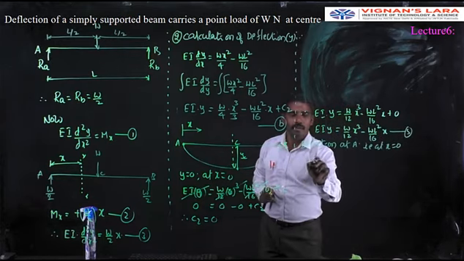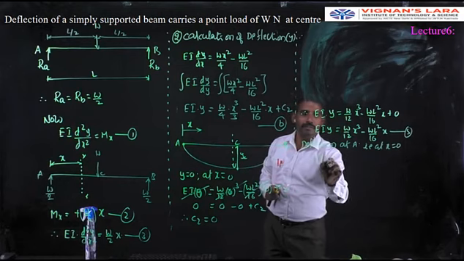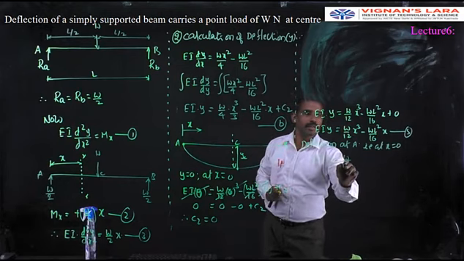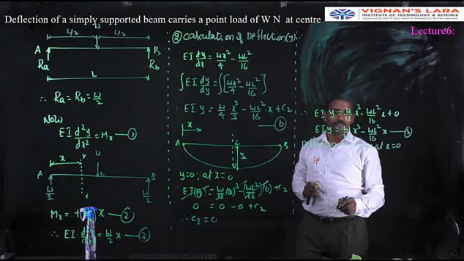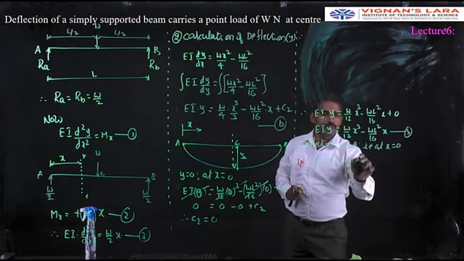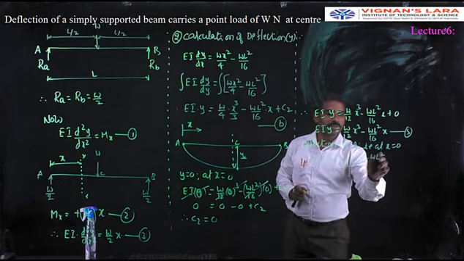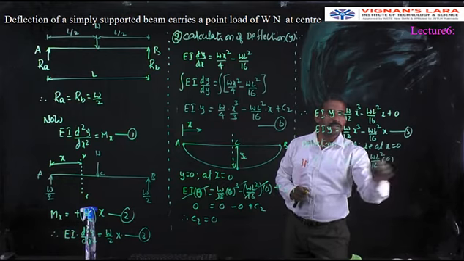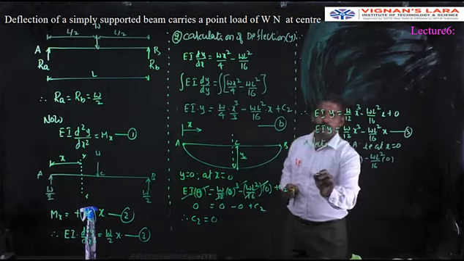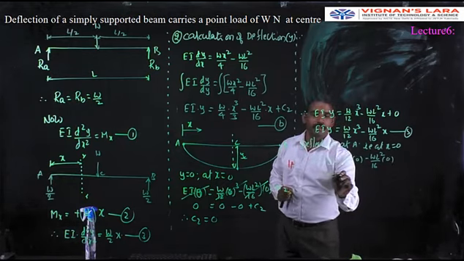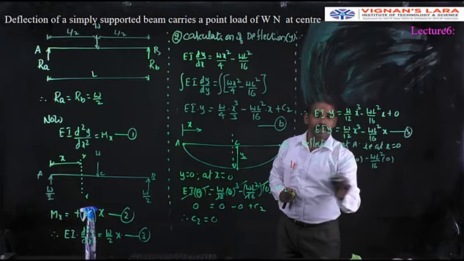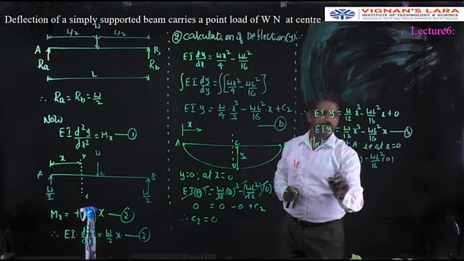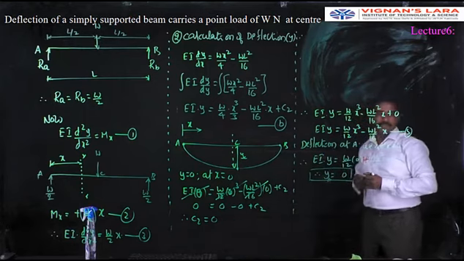Therefore, EI into Y is equal to W by 12 into 0 minus WL square by 16 into 0. Therefore, Y is equal to 0. This is the deflection at A.